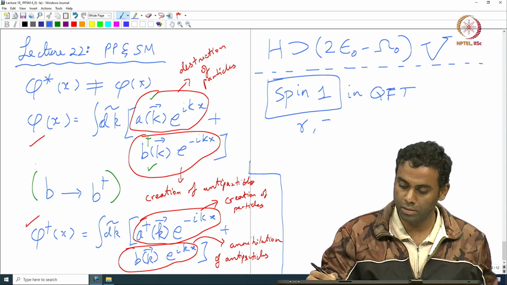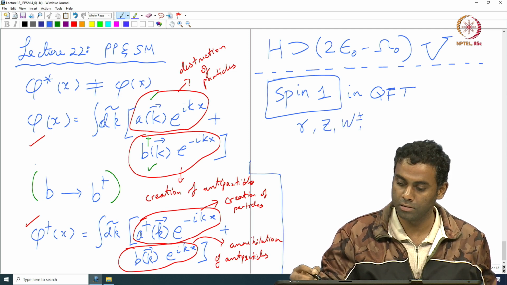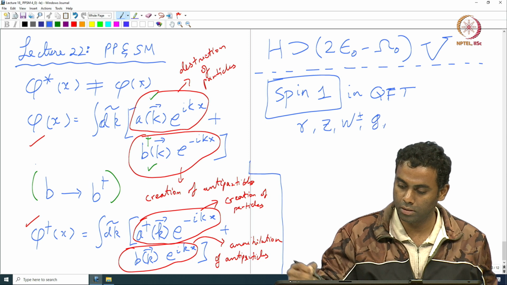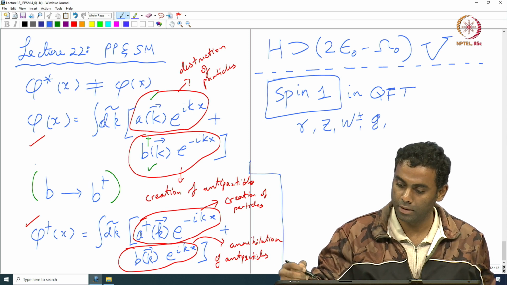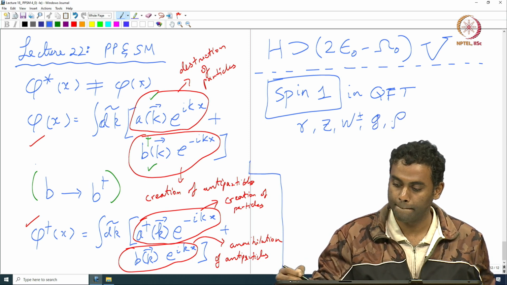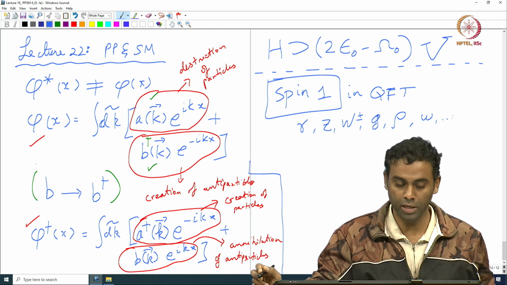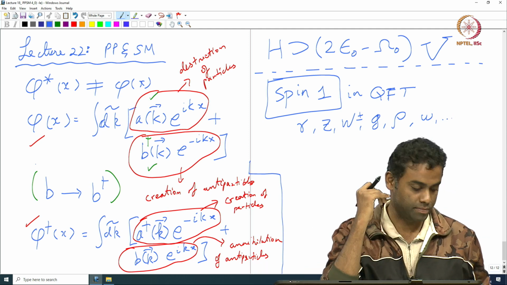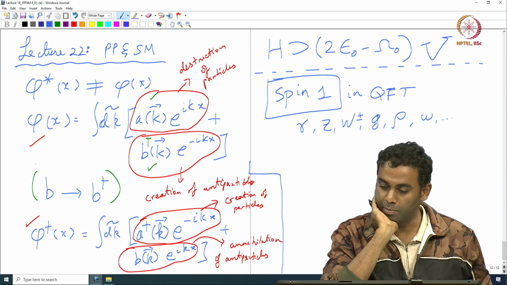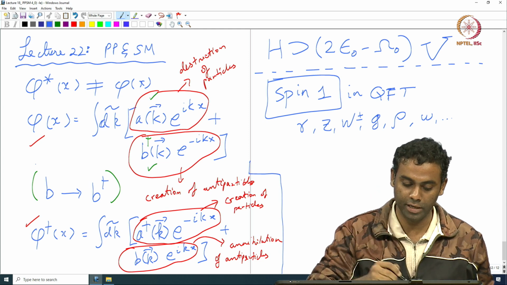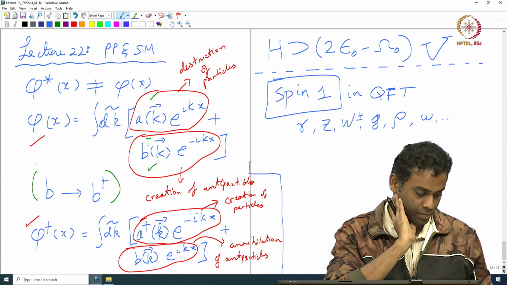The photon, Z boson, W bosons, what else? Of course, there's a gluon, right? The rho meson, omega meson, etc., etc. Right? How do we describe all this? How do we embed these particles into quantum fields the way we did it for scalar fields?